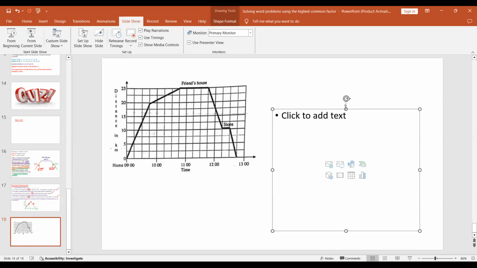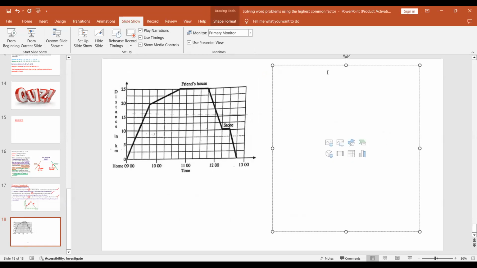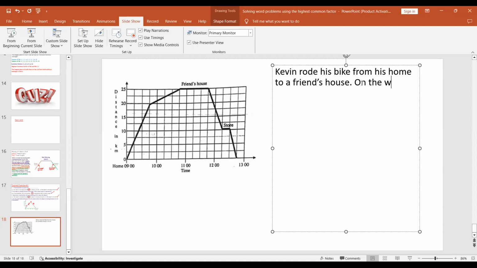The first question says, Kevin rode his bike from his home to a friend's house. On the way, he had a flat tire.